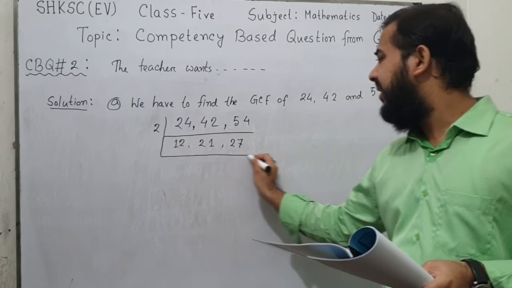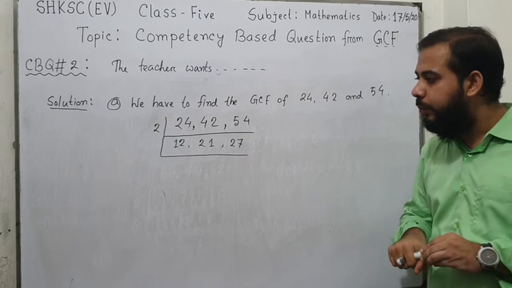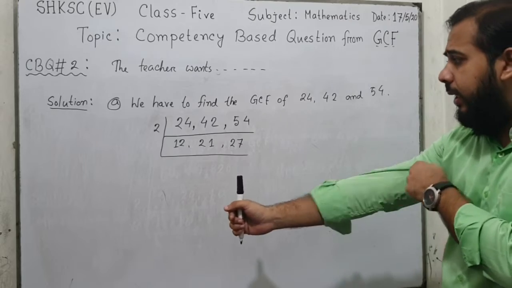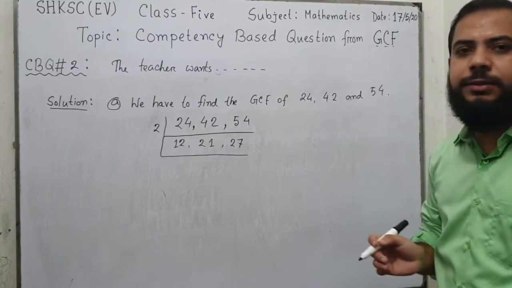Now we have to see whether it is divisible by 2 or 3. We see that all the three numbers are divisible by 3.